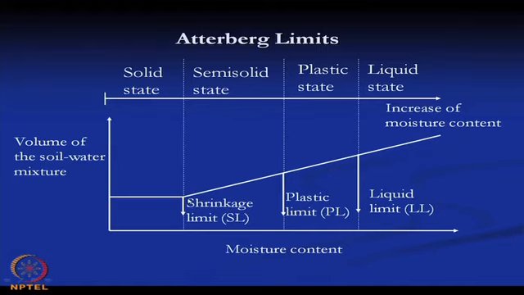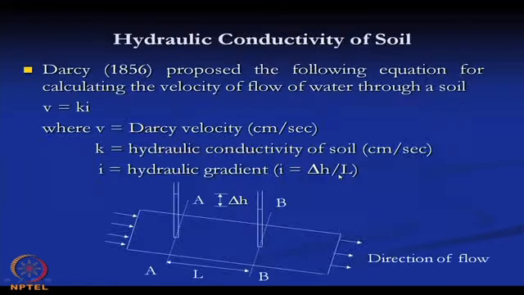And from this graph we can say that after the shrinkage limit, the volume of the soil water mixture does not change if we further reduce the amount of water. So, after the shrinkage limit, there is no volume change. These three limits are called the Atterberg limits, and these are very important properties for fine grained soil.